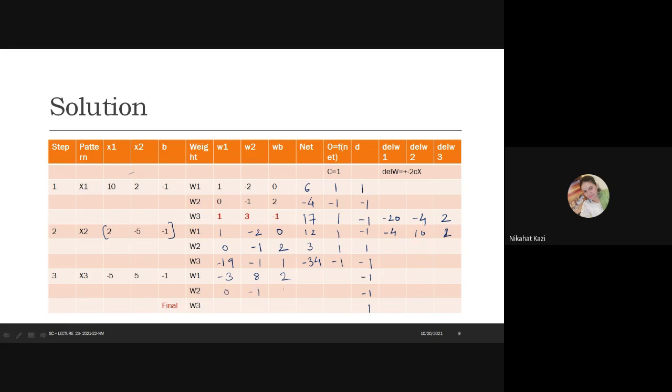Okay. Now the third input pattern comes. This input pattern has come. What you need to do is again find the net values. What are the net values?